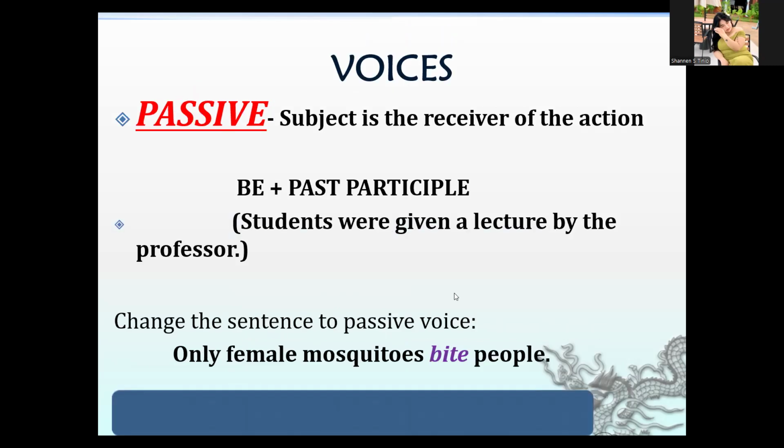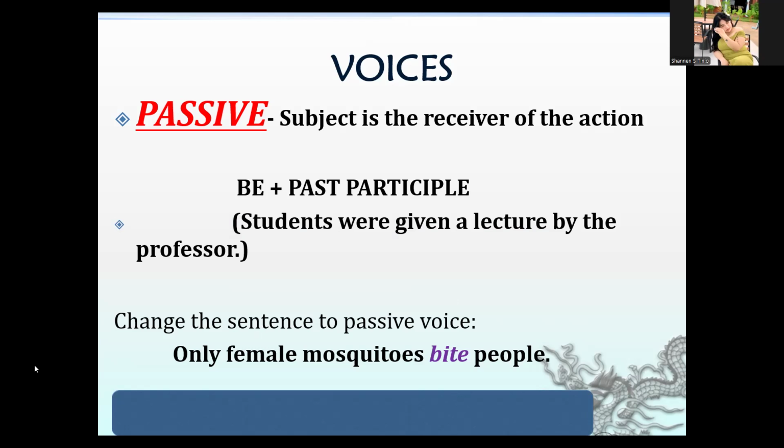So in verbs, we also have what you call the passive voice. So when we say active voice, si subject ay doer ng action. But when it comes to the passive voice, the subject is actually the receiver of the action. All right?